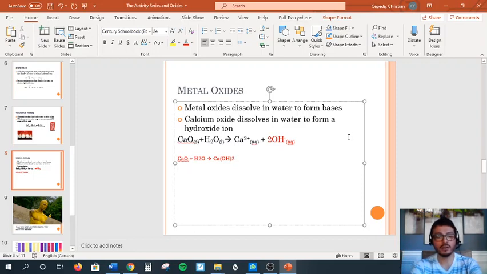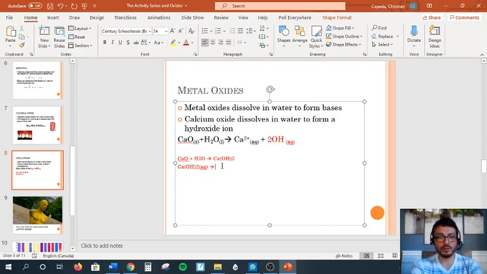Now calcium hydroxide, I'm going to rewrite that here. Calcium hydroxide, Ca(OH)2, in the presence of water, so I'm going to write aq, will dissociate into its ions, which is what you see right here. Calcium ions and hydroxide ions.